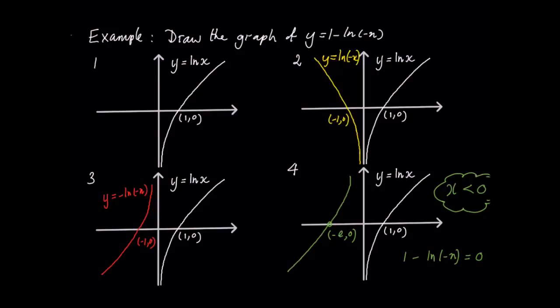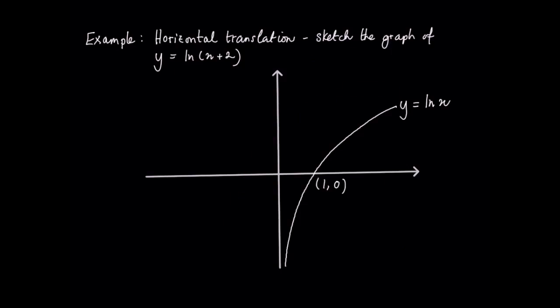Let's have a look now at a horizontal translation. In the last example, we'll start with y equals log of x, and we'll translate it horizontally to y equals log of x plus 2. All we have to do is shift the graph 2 units to the left along the x-axis.